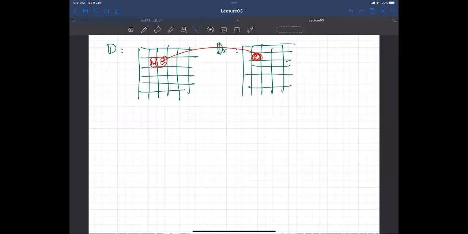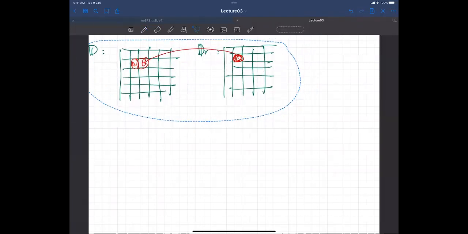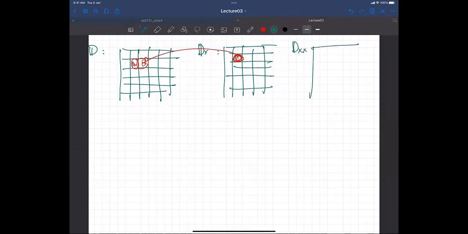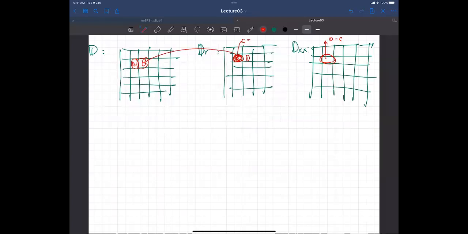And then if you want to get the second derivative, you do the same, dxx. Now this one is c, for example, and this one is d. For this location here, it will be d minus c. So c here is b minus a. So that's your second derivative with respect to x.